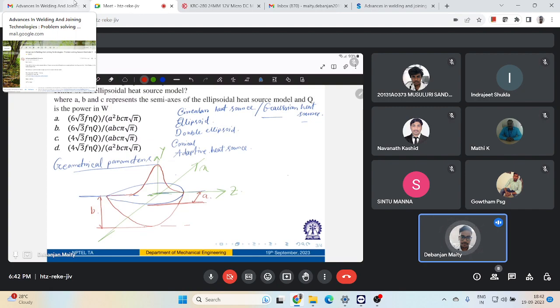So that's why there are two different parameters, CF and CR, right? Now, what is Q at the front end, which is a function of X, Y, Z, and T?